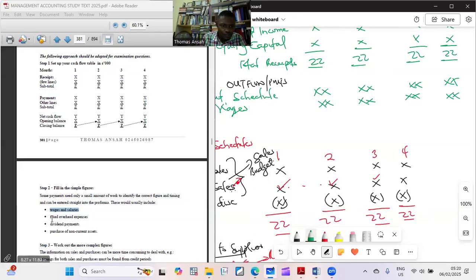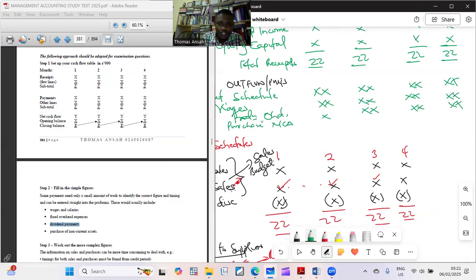You will do that. Fixed overhead expenses, so overheads. So I can group it together and call it production overhead. All right, so just add them. Okay, add everything. There can be dividend paid. There can be purchase of non-current assets. All those things. So purchase of NCA.